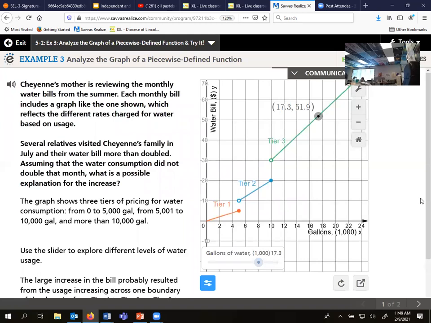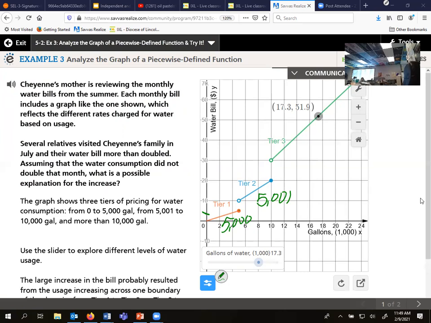So like here, if we use 5,000 gallons, it looks like it's going to be about $5. Okay. If I use 5,001 gallons, this is 5,000 right here. If I use anything more than 5,000, one more gallon, now my bill is $10.